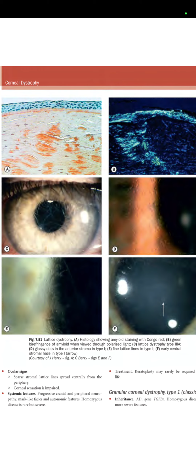So you can see there is amyloid staining with the Congo red. B is showing the green birefringence of amyloid when viewed through polarized light. And C is showing lattice dystrophy type 3A. So you can see this is the pattern: glassy dots in the anterior stroma, fine lattice lines in type 1, early central stromal haze in type 1.